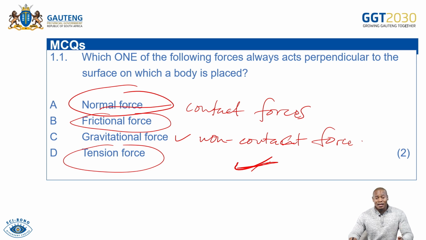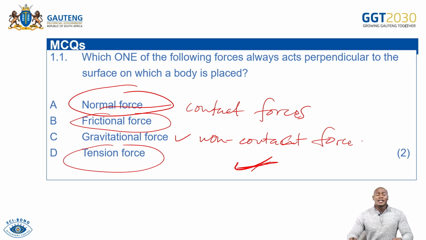Like your static friction. Static friction, that is the force that opposes the motion of a stationary object relative to the surface. So that is static friction, all right? Then you also have the maximum static friction.